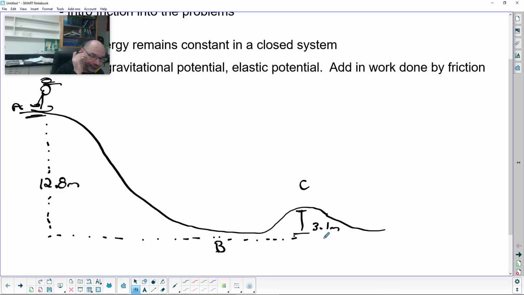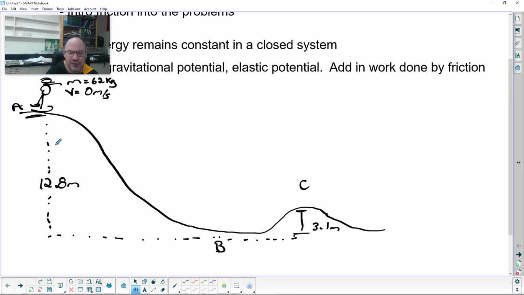This gentleman up here, not that we need the mass, but we'll give him mass anyway. Say that this is a 62 kilogram individual. And this individual is standing at the top and has a velocity of 0 meters per second up here. They're just standing at the top with gravitational potential energy.